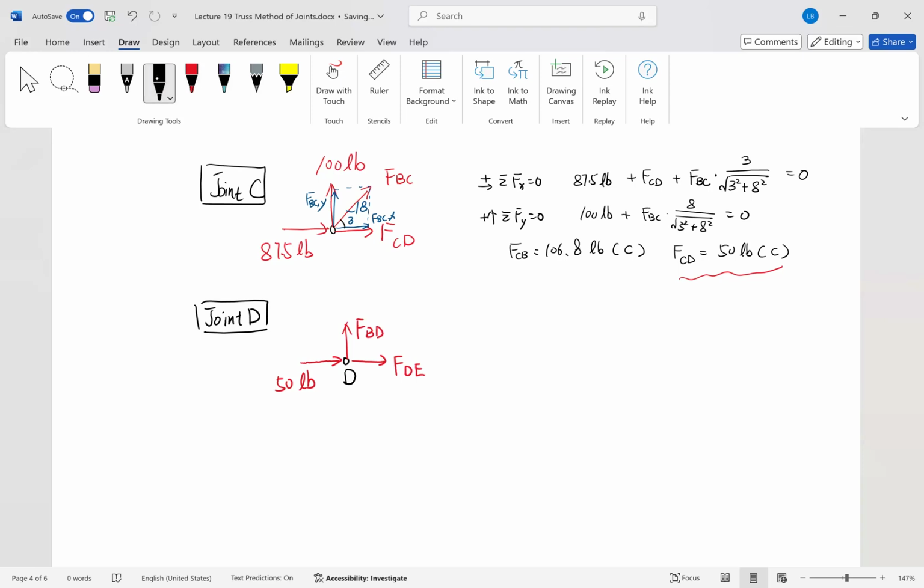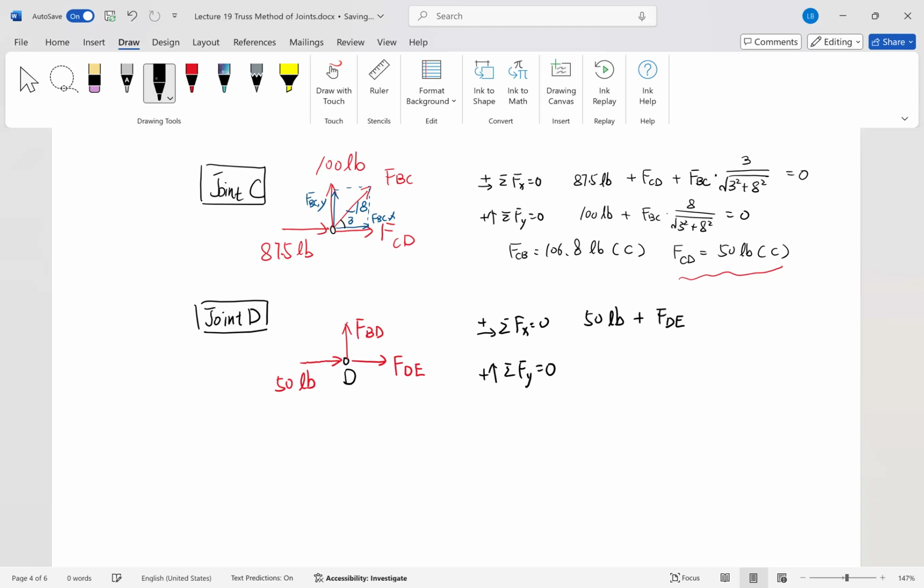Now go ahead and list the equations. We have along the x direction and along the y direction. Along the x direction, we have the two forces in horizontal.